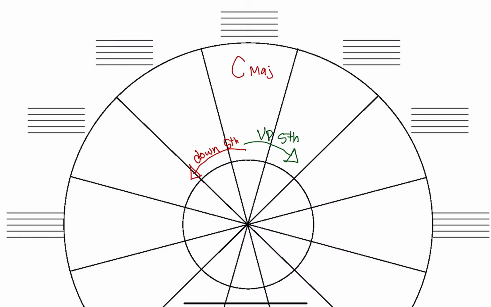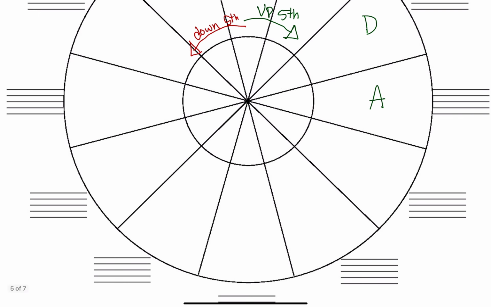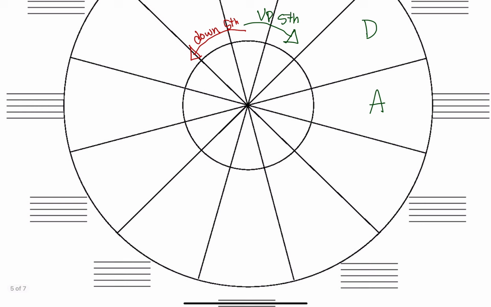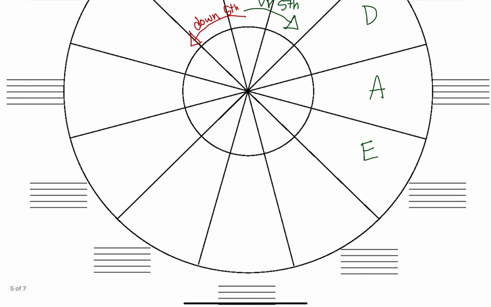So C, D, E, F, G. G, A, B, C, D. D, E, F sharp, G, A. B, C sharp, D, E. E, F sharp, G sharp, A, B. B, C sharp, D sharp, E, F sharp. F sharp, G sharp, A sharp, B, C sharp.